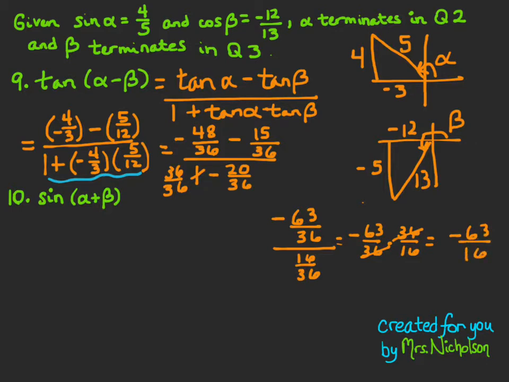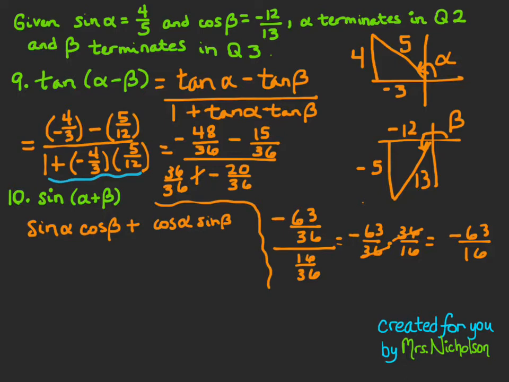All right, let's look at sine alpha plus beta. This one's going to be a little bit more straightforward than the tangent. I'm going to do the sum identity first. Sine of alpha times cosine of beta plus cosine of alpha times sine of beta. And then I'm just going to substitute in the values from our triangles.